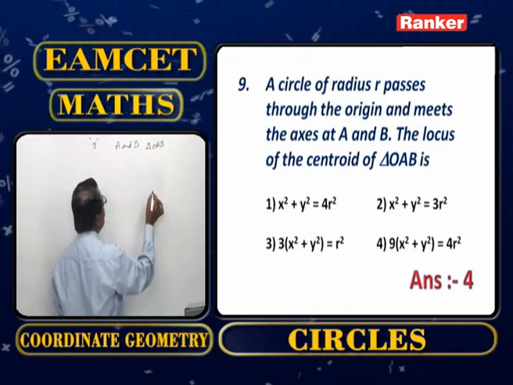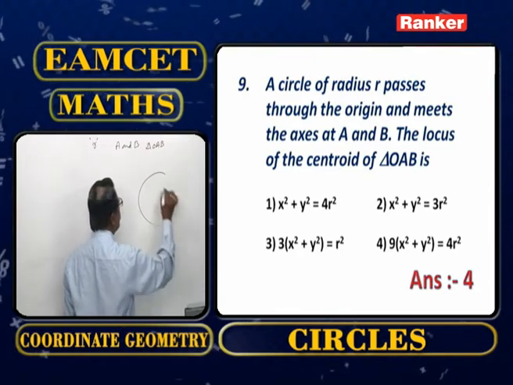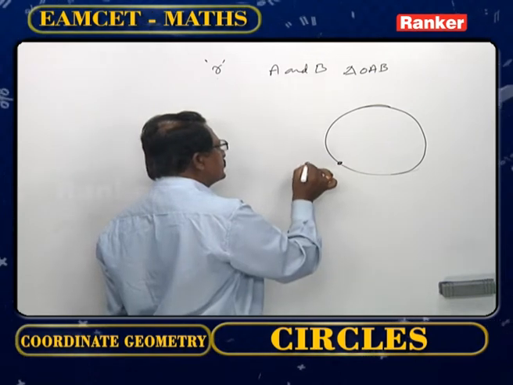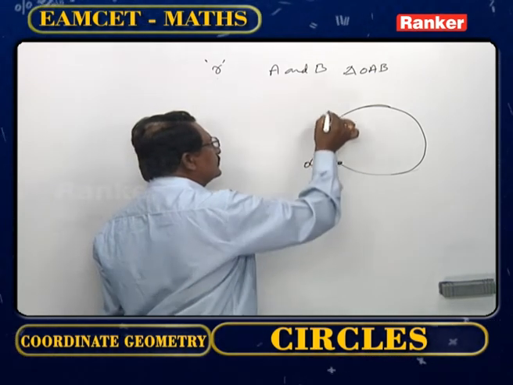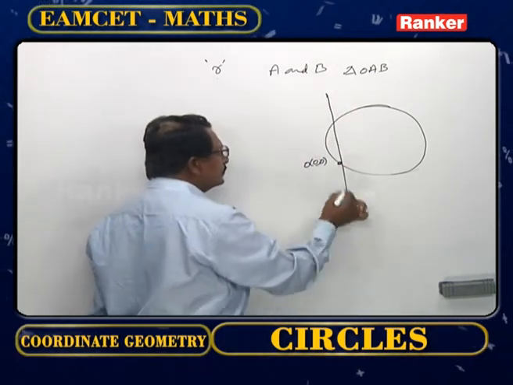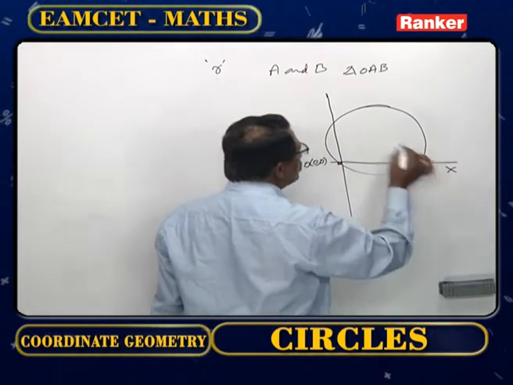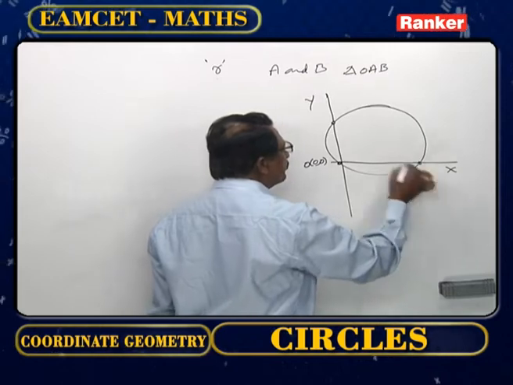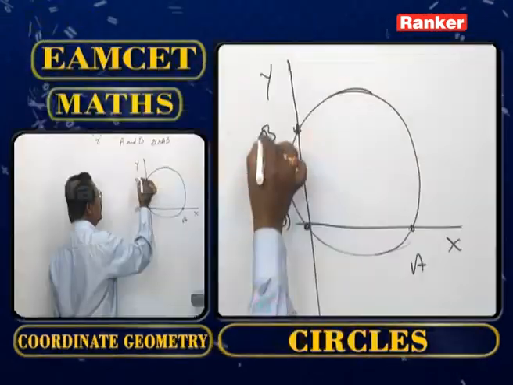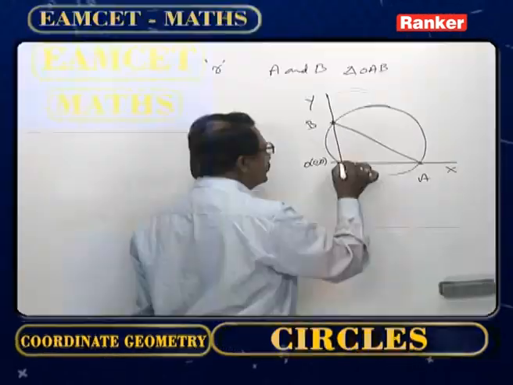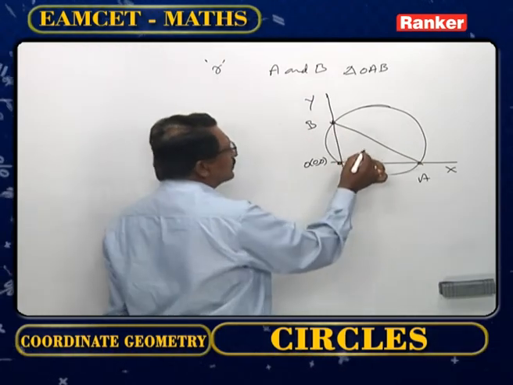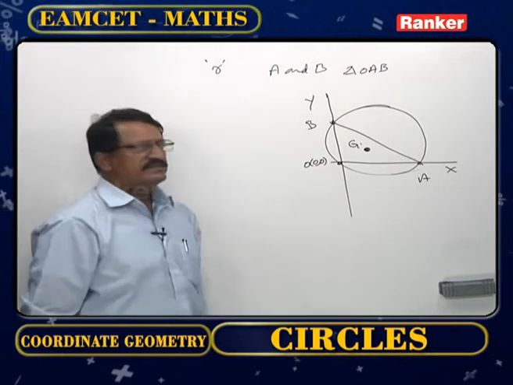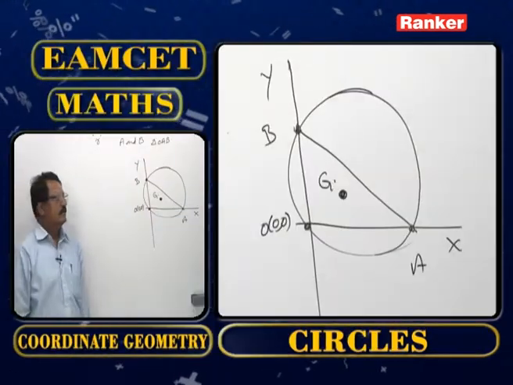Now a circle passes through the origin and meets the axes at A and B. OAB is a triangle. The required locus is of the centroid of the triangle. Consider the centroid G.